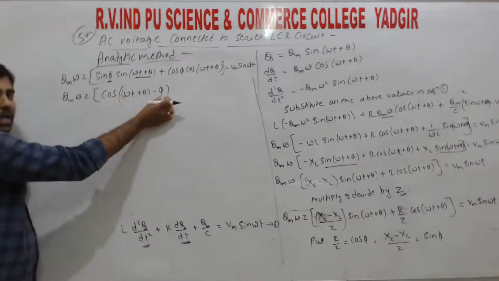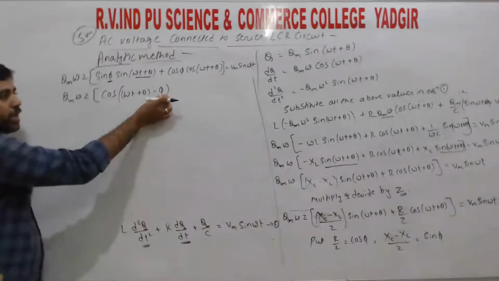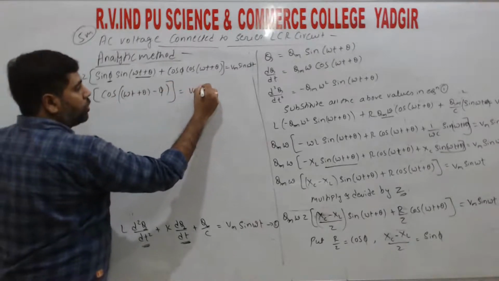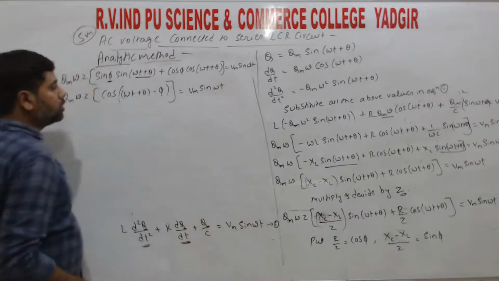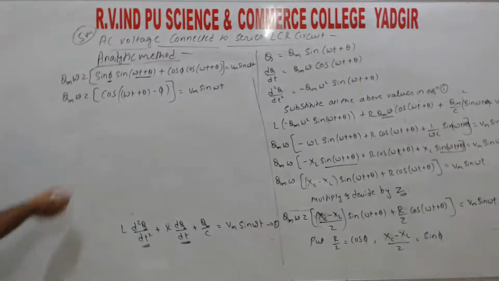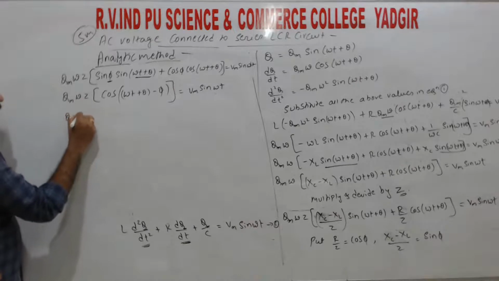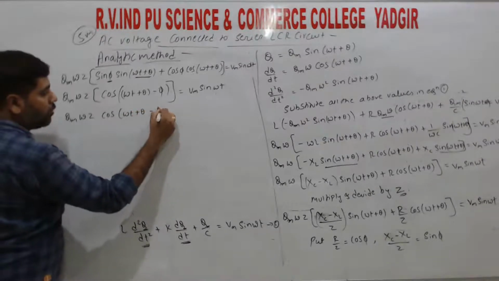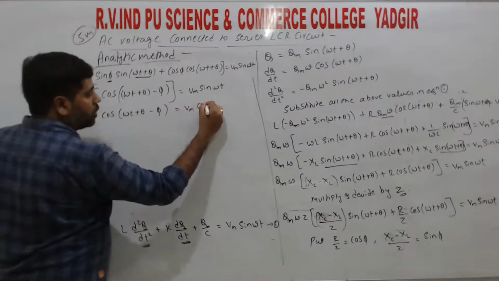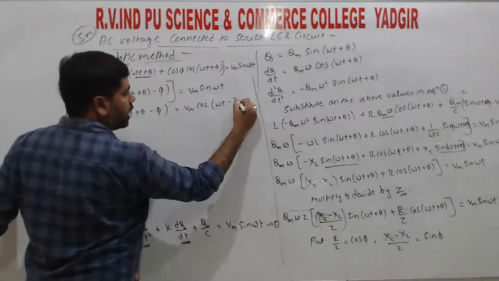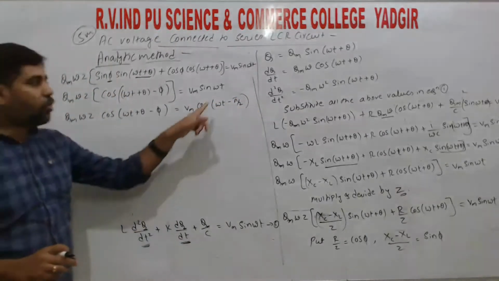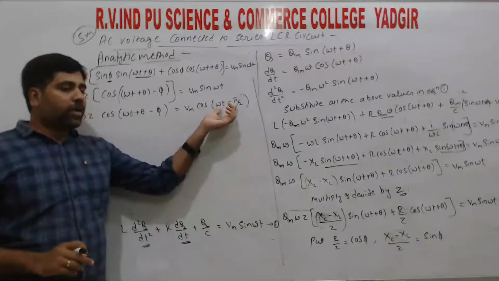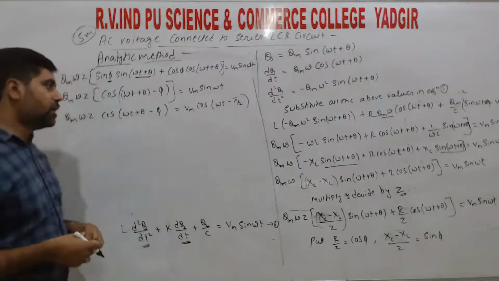That is equal to Vm sin omega t, right? So now Qm omega z cos of omega t plus theta minus phi is equal to Vm cos of omega t minus pi by 2. So sin omega t we can write as cos of omega t minus pi by 2, since cos of 90 minus theta gives sin theta, right?